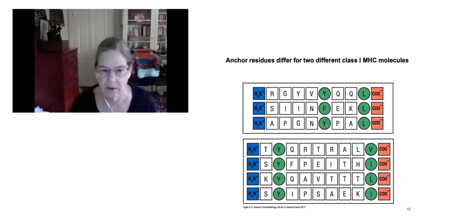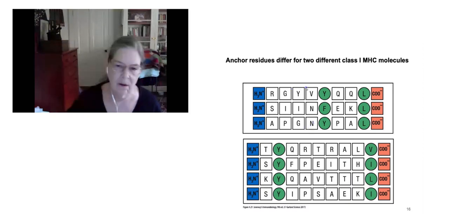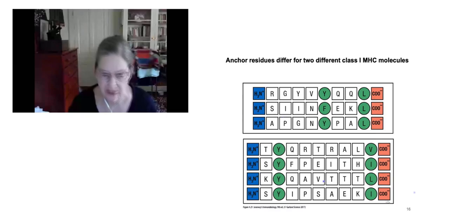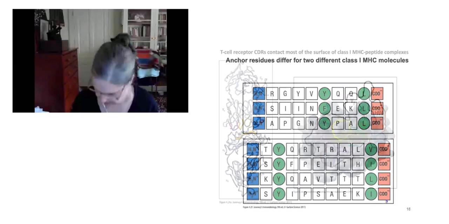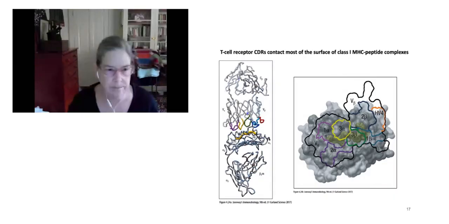So the point is that it's just a few anchor residues that are anchoring the peptide into the MHC molecule, and other residues are going to be sticking out that are going to provide the specificity for T cell recognition. And here's a picture. Okay, so this is a side view. This yellow thing is the peptide. Remember, it's got anchor residues.